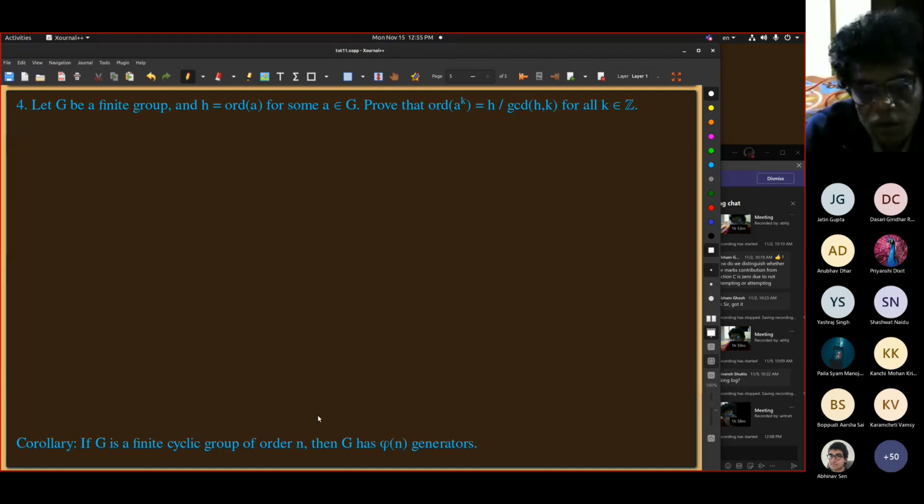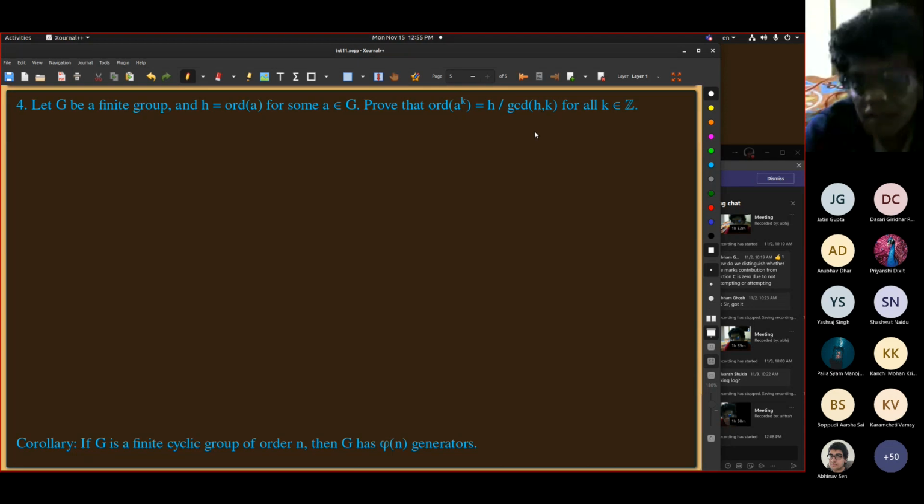Which of these are also generators? They are generators if and only if they also have order n. That is, the GCD has to be 1. The order of A is n, so I am looking at all integers between 0 and n minus 1, both inclusive, such that the GCD of that integer with n is equal to 1.